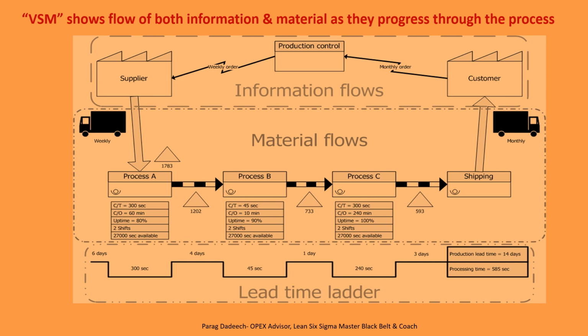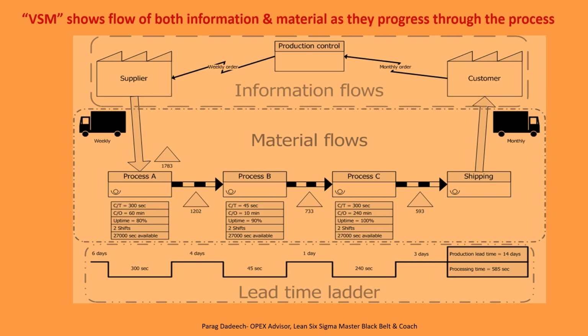So you have a complete gist of your process operation. The bottom line is showing the time ladder. Here the bottom line shows the time when the value is added, which is the processing time or the cycle time. The top line shows the waiting time.